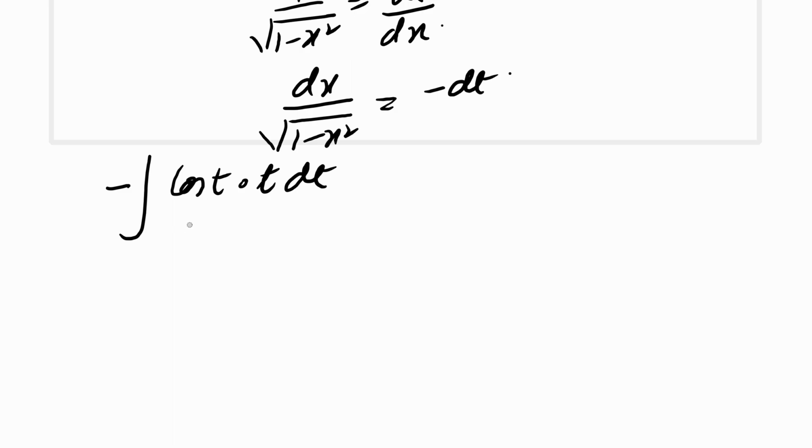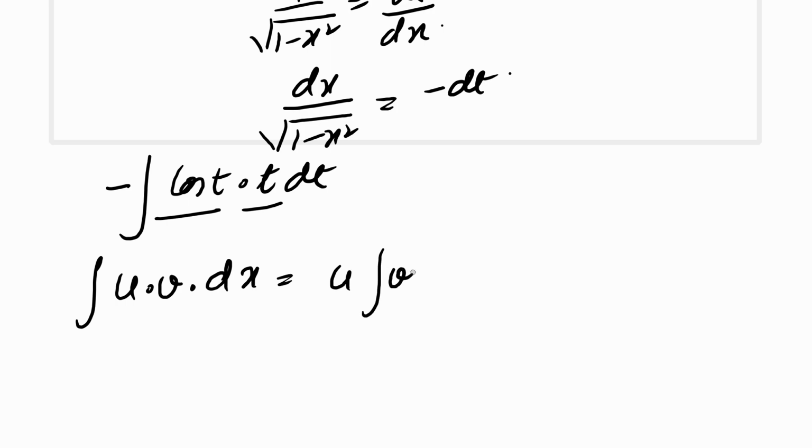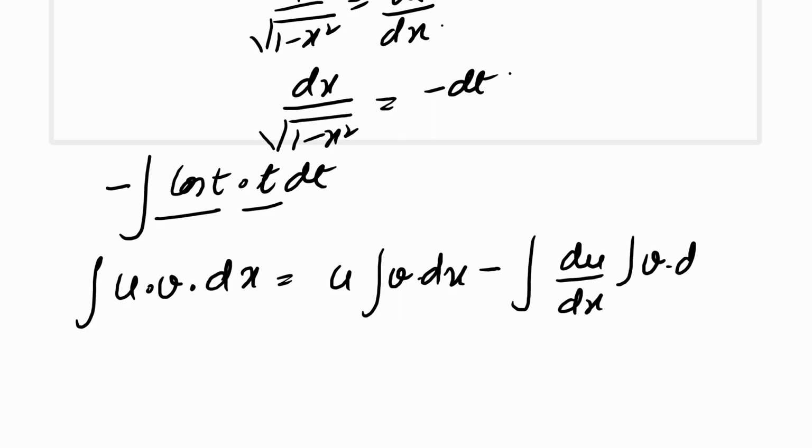Now here we'll apply by parts. We will apply ILATE. ILATE is just a thing to remember it, but it is called by parts. The formula for by parts is integral of uv dx is equal to u times integral of v dx minus integral of du by dx times integral of v dx, whole by dx.